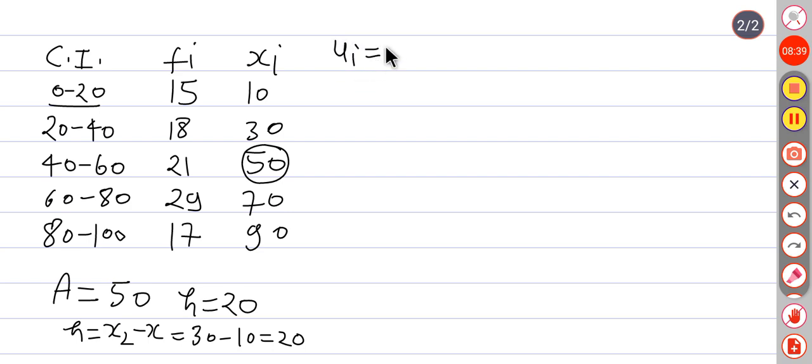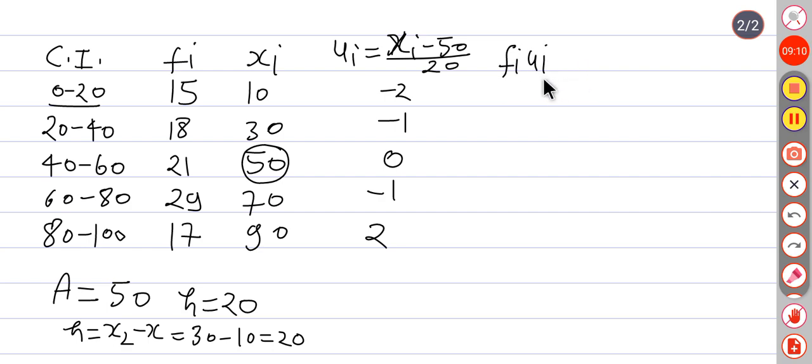So ui you have to calculate, ui is xi minus 50 upon 20, and that will come minus 2, minus 1, thereafter 0, and then 1 and 2. So you will require fi into ui. Why?